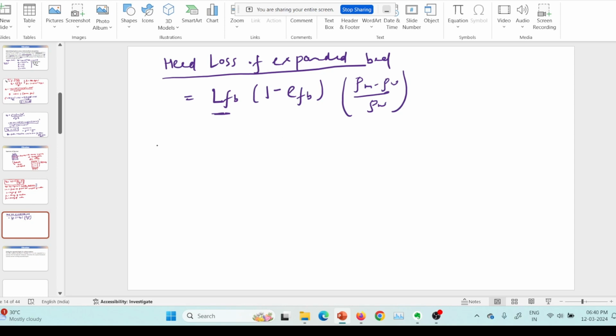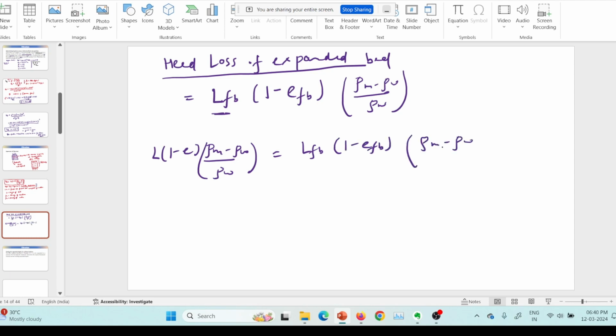So we will equate both equations. So L1 minus E, rho m minus rho w divided by rho w will be equal to LFB 1 minus EFB, rho m minus rho w divided by density of water.